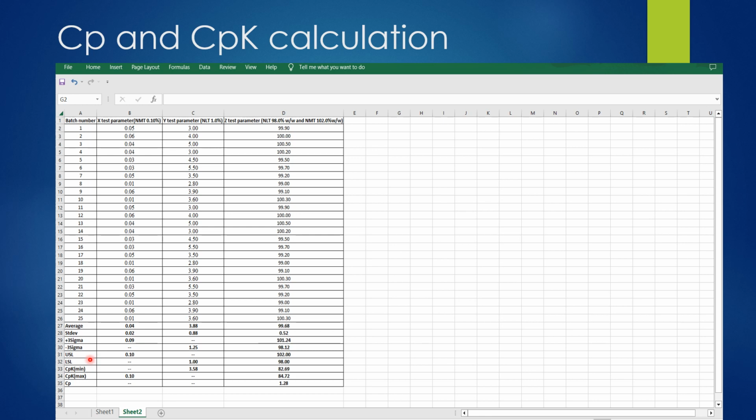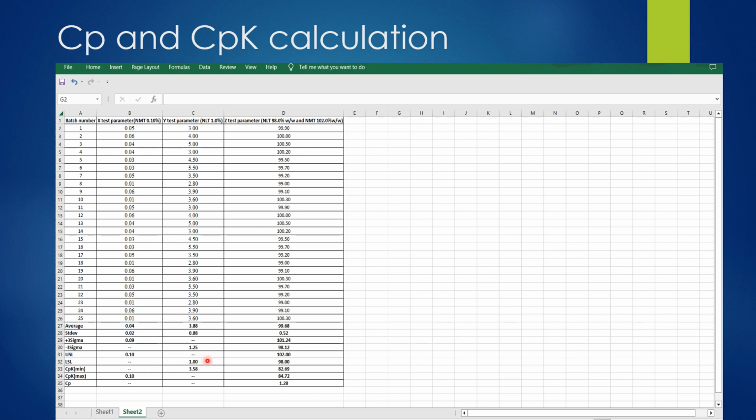Now I want to go with the Cp and CpK. As we have learned, for not more than cases we apply the upper specification limit. So I have kept my upper specification limit here, and this is the limit that I got. That is, I used upper specification limit minus average divided by 3 into standard deviation, and I got the result as 0.10.